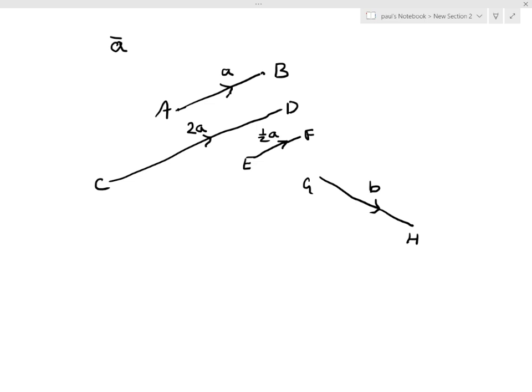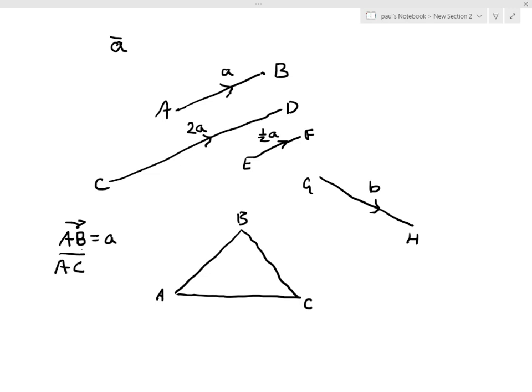Okay, so let's do a triangle and try and work out what a missing vector is. The thing with a missing vector is you can only use what you know. So we go A, B, C, so we label up the corners, and you might get some information like this, that the vector A to B is called A, and the vector A to C is called B. The little letters have no relation to the big letters whatsoever.